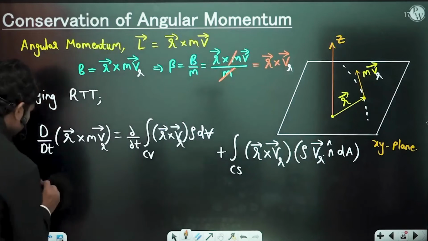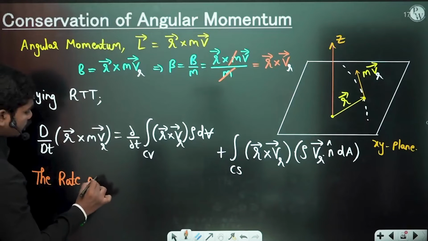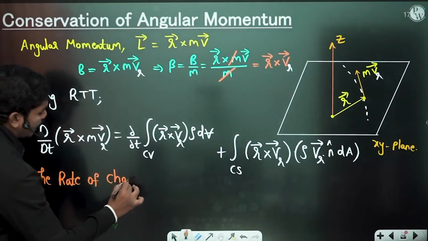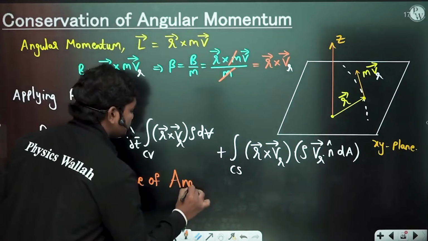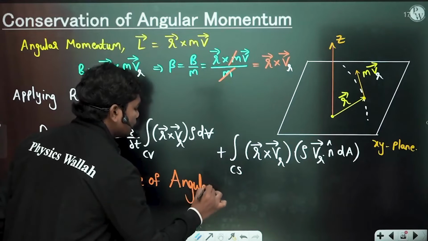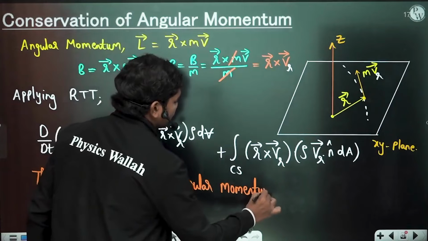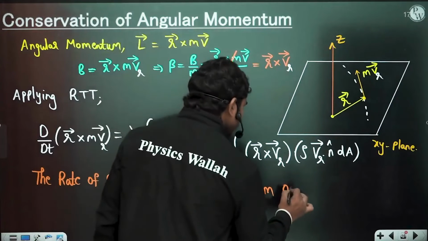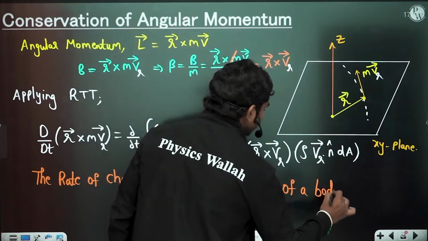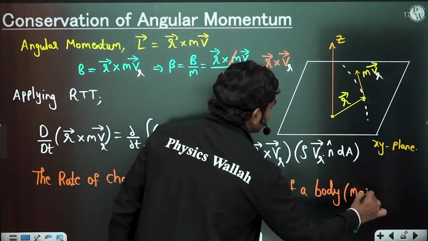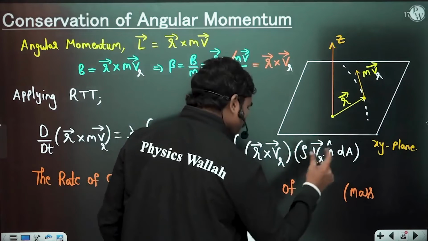So the rate of change of angular momentum of a body, or generally of some mass system. Of a system, you can write system instead of body because our aim is to talk about some finite mass.